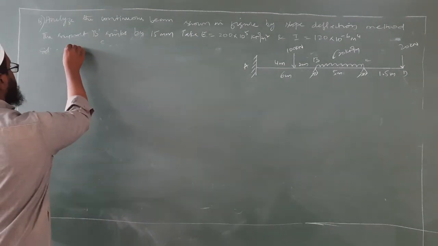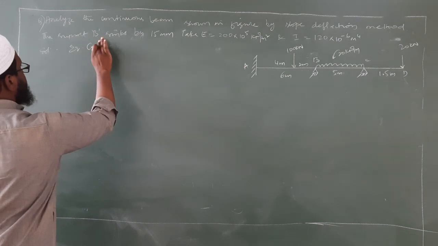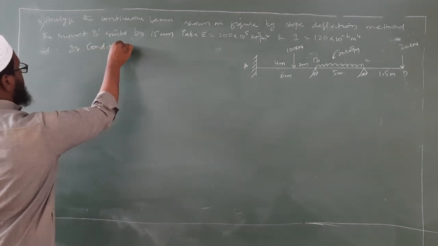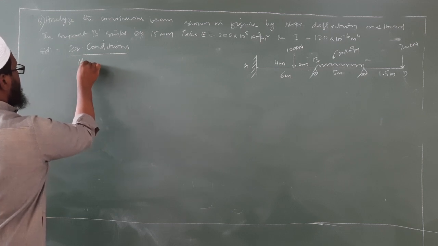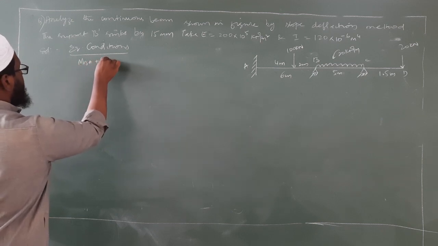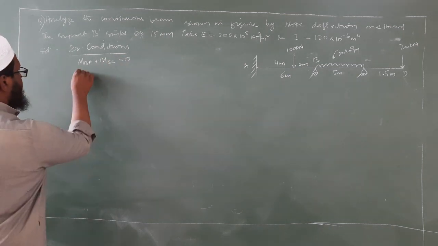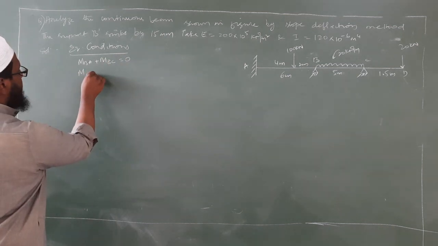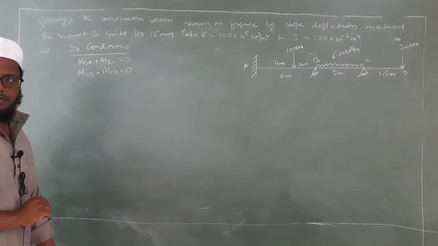So, equilibrium conditions. What are the equilibrium conditions we have? MBA plus MBC is equal to 0 and MCB plus MCD is equal to 0.